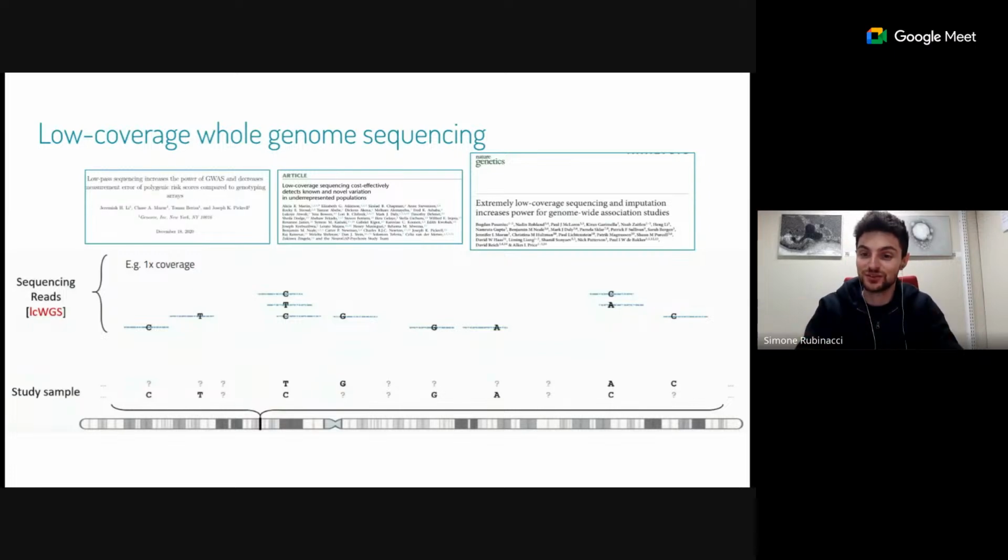This is what I'm trying to show in this cartoon. This has been proposed as an alternative to SNP arrays in genome-wide association studies, but it also comes naturally in some specific applications of genetics, for example ancient DNA or circulating DNA, where the amount of DNA available is unfortunately very low, and we cannot do much better than 1x coverage.